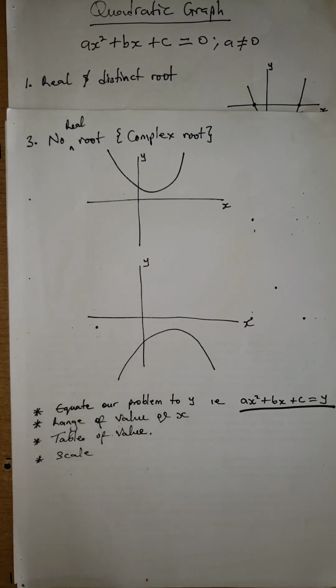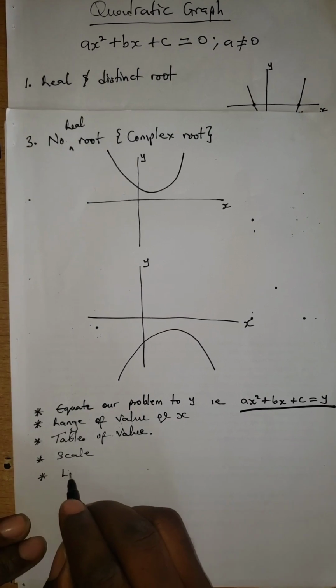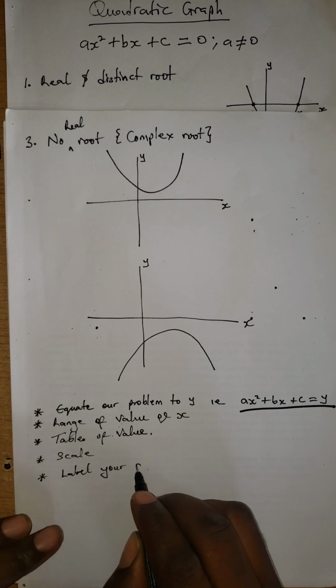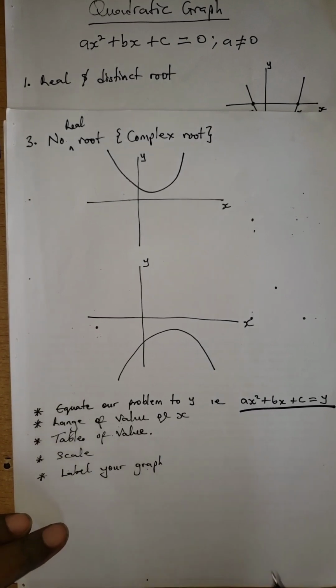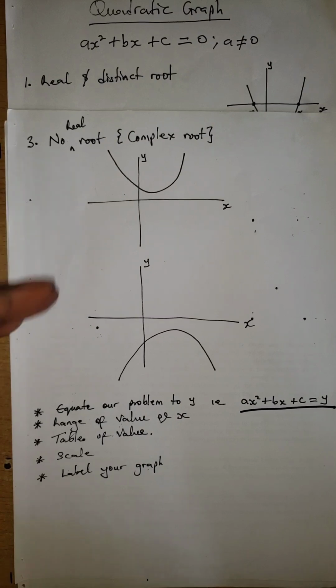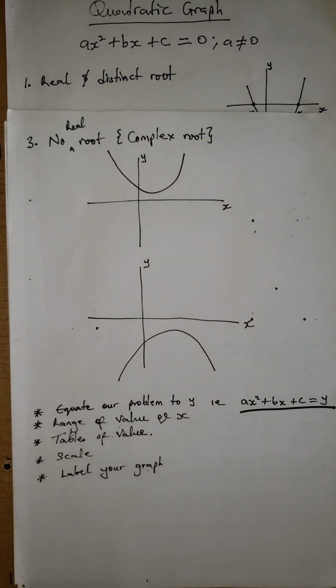Then with your scale, you have to go and label your graph. What I mean by labeling your graph is going back to your graph, putting your point x and point y, writing all the values of x and y, and using the scale to write the values on the x-axis and the values on the y-axis.